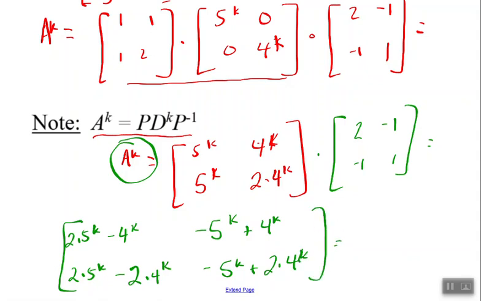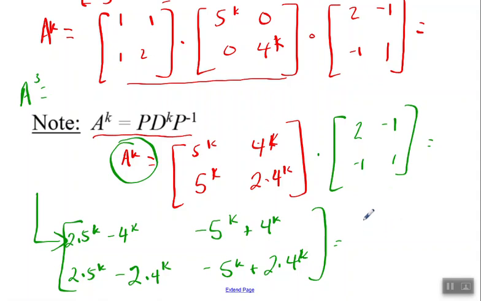So now, if I wanted to find out what A cubed was, the way I would check it, honestly, is with a calculator. We have this general formula that we can use, and I'm going to go ahead and press pause. I should know what A cubed is in one step.